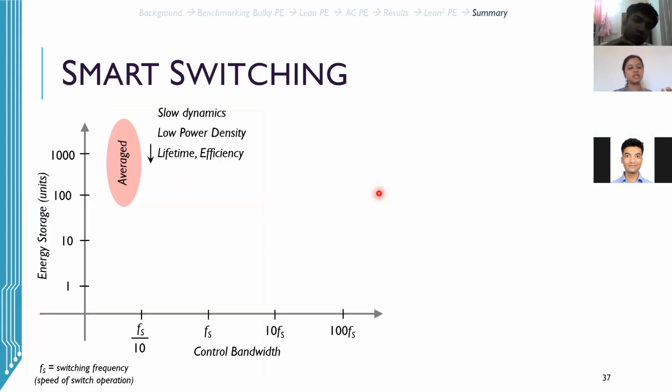So in summary, to summarize this smart switching idea, if we plot the energy storage in terms of units on the y-axis and the control bandwidth on the x-axis, in most state-of-the-art approaches our control bandwidth is typically much slower than the switching frequency.